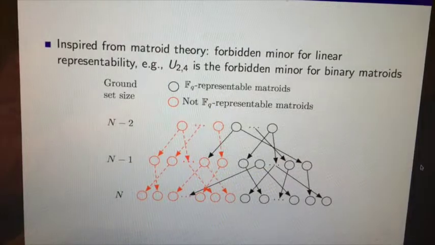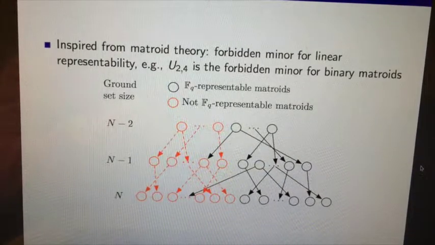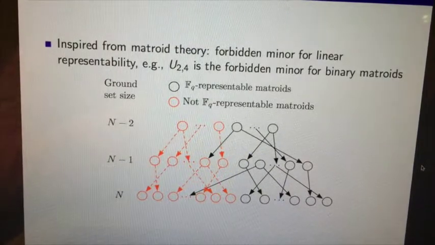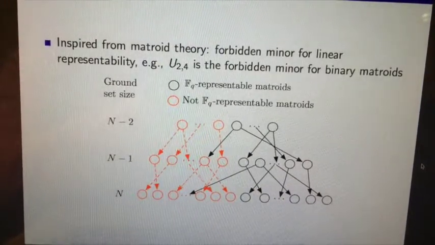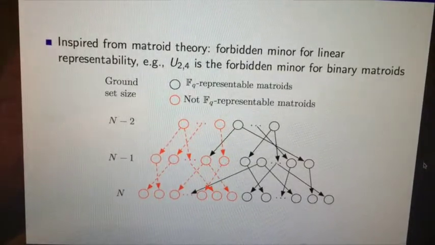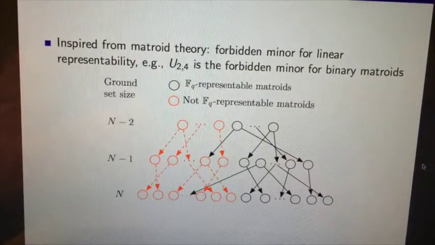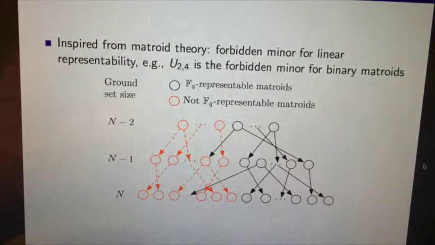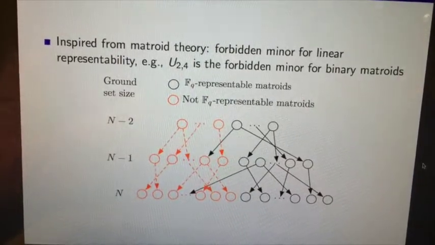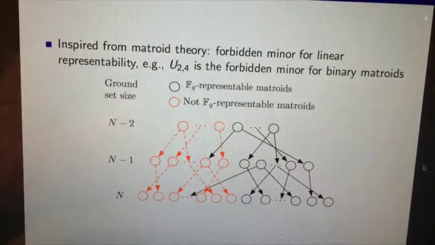For example, U24 is the forbidden minor for binary matroids. As the picture shows, larger matroids on larger ground sets are extensions of matroids with smaller ground sets. For those matroids that are not Fq representable, the red circles here, their extensions are not Fq representable either.